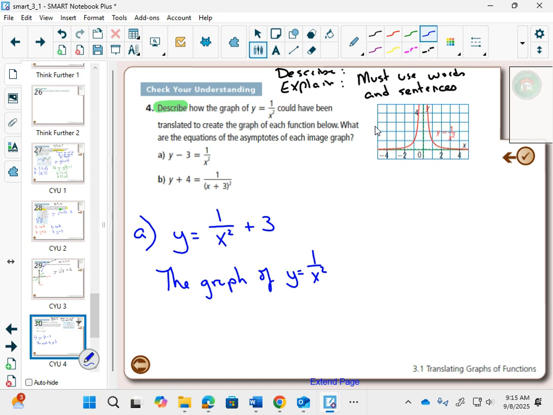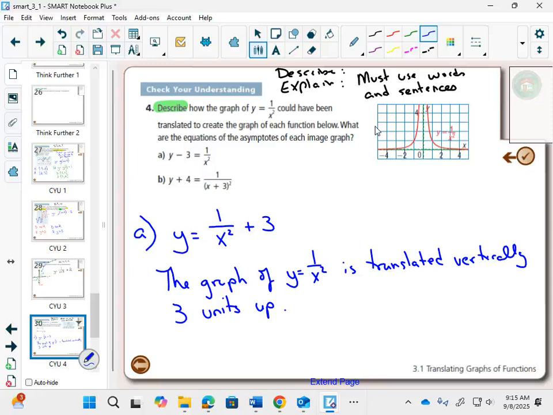Sort of like, the graph of y equals 1 over x squared is translated, maybe I even use the word vertically, 3 units, and I need to have the word up there to make sure that positive 3 shows it's translated 3 units in the positive direction. Okay.